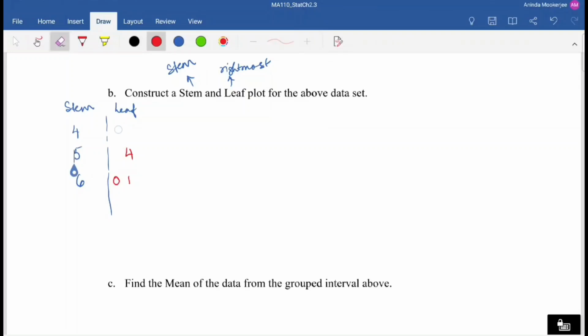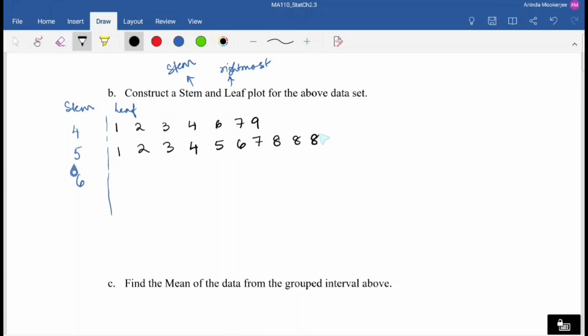I have to erase these values and write it as we have the following numbers for 4: 1, 2, 3, 4, 6, 7, and 9. For 5, we have 1, 2, 3, 4, 5, 6, 7, 8, 8, and they should be, if possible, evenly spaced. 8, 8.